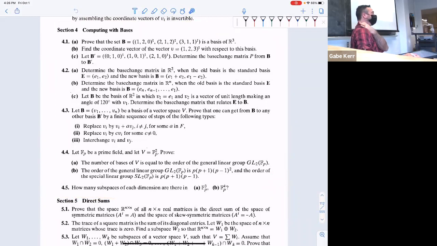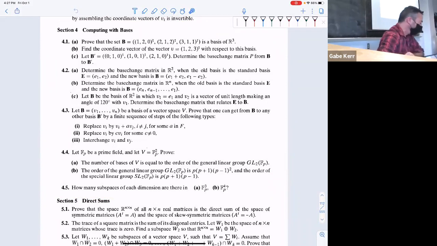Change of basis is going to be the most frequently applied thing that you get from this course, because you can use it in computer science and in all kinds of modeling. It's a very useful thing to understand how to do.